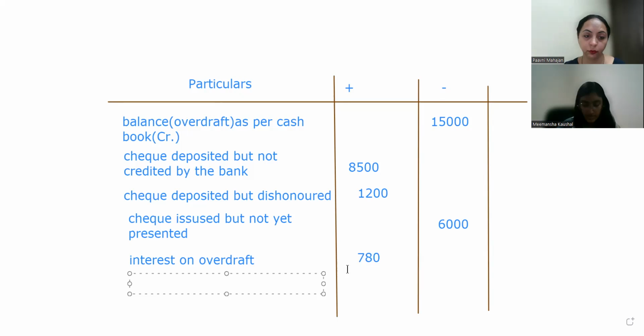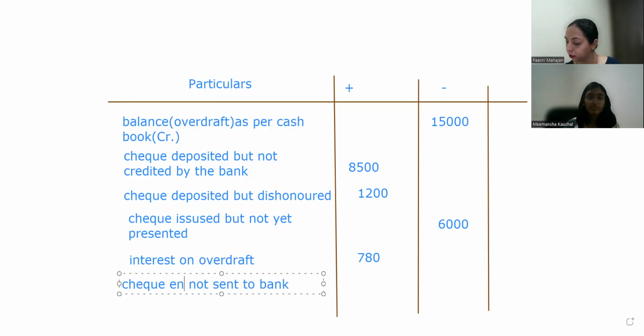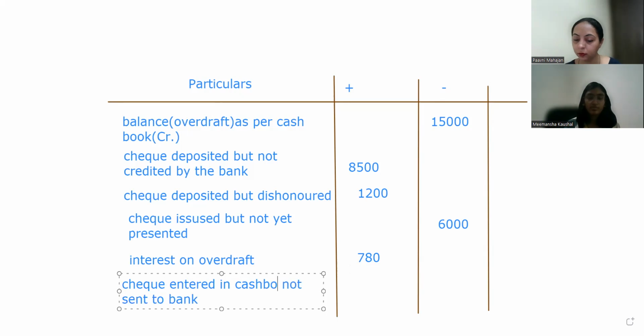Yeah. And then a check of 2420 received from customer and in the cash book but not sent to bank. Check entered in cash book, but not sent to bank.